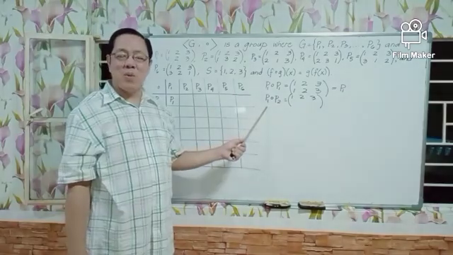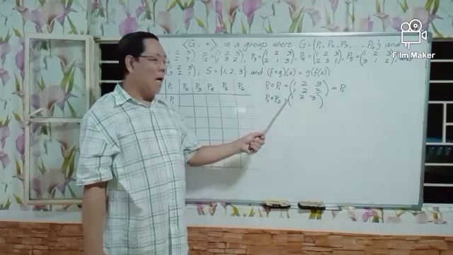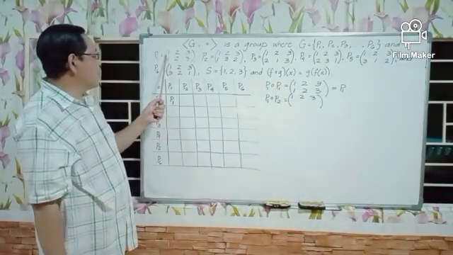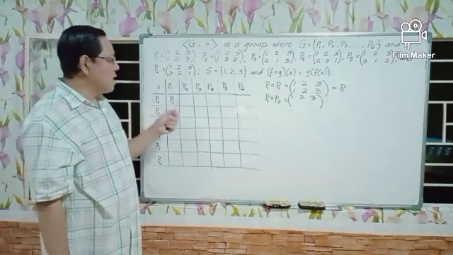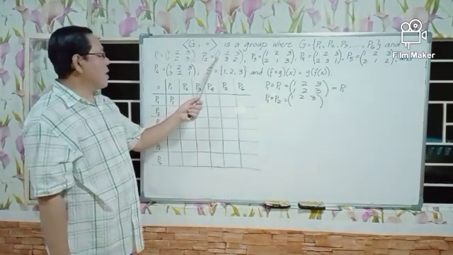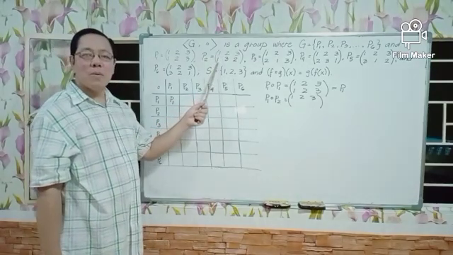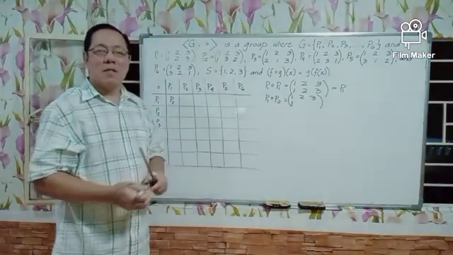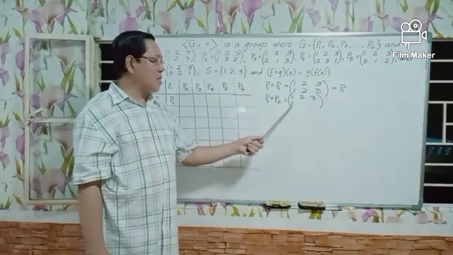So we start by finding the image of 1 under P1, which is 1. And we now find the image of 1 under the function P2, which is 1. Thus, the image of 1 under the composition of P1 and P2 is 1.